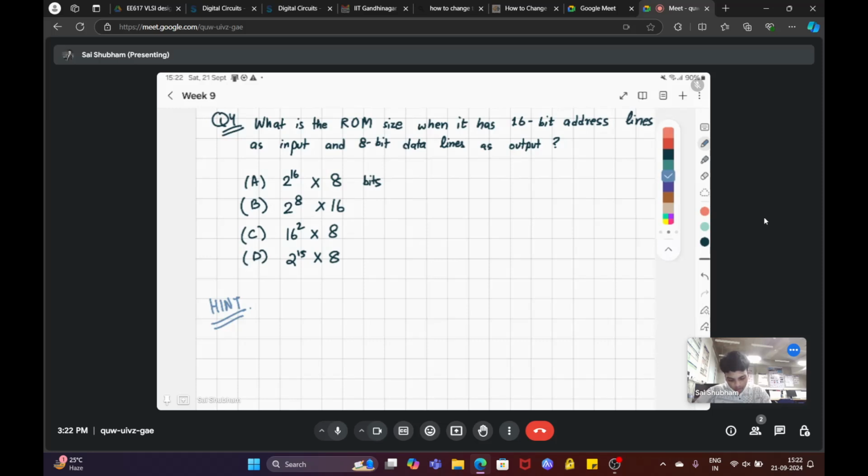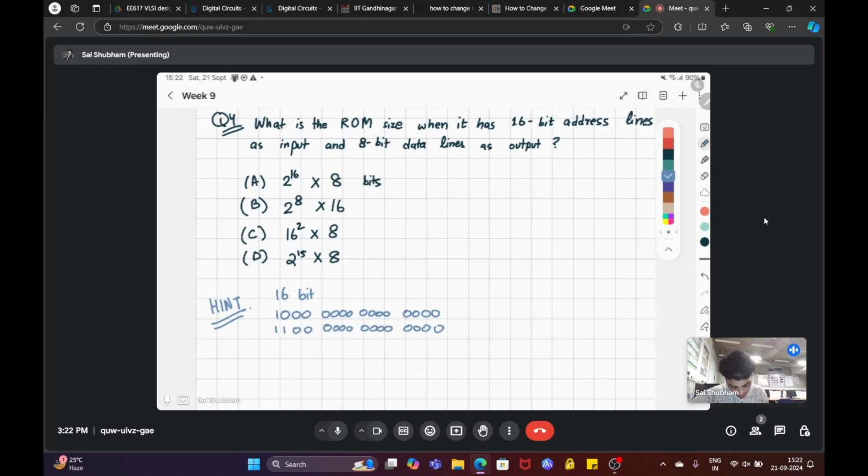Okay. So in this case, a 16-bit address line means that, suppose this is my number, this location is different from this location.